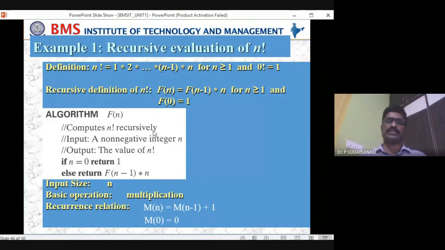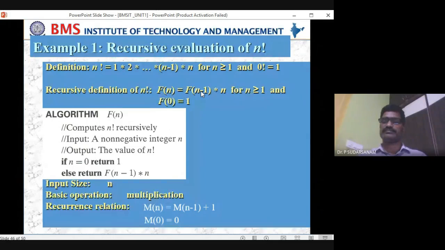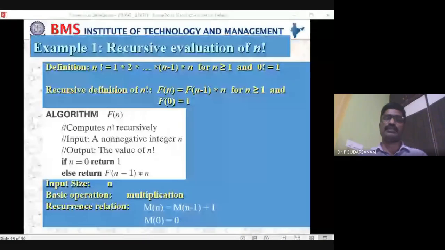Now how many multiplications are you doing in this, even if you write it n into n minus 1? How many times will you do multiplication? N times, sir. Now you have to write the multiplication equation also n times only.